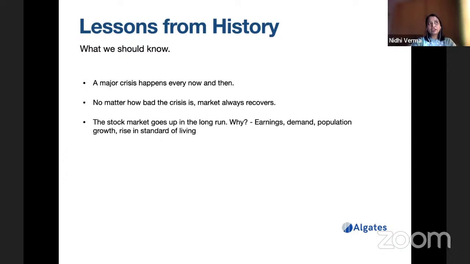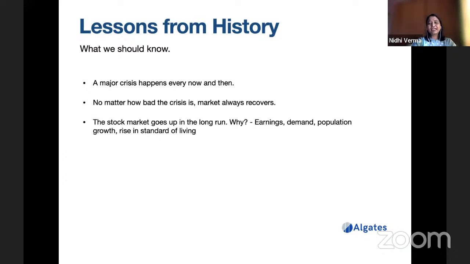Like if you see the global financial crisis of 2008, that time the markets went down. It took almost a year around that time for the markets to come back to the same level. And if you see the time taken during the COVID-19 crisis, the market went down in March 2020.